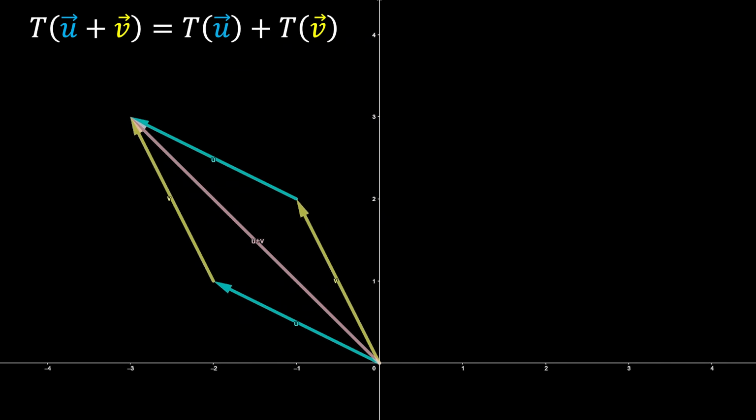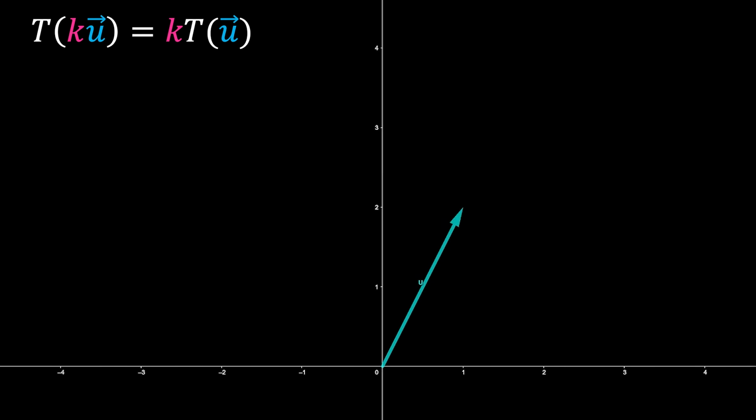And given that's our definition of rotation, it means that when you rotate this around, you get the same picture. That is, you can either rotate the vectors and then add them, or you can add them first and then rotate them. It's the same picture either way, and so indeed we get that first linearity property. Similarly, you can stretch a vector and then rotate, or you can rotate and then stretch. So yes, rotations are linear, and yes, we can use matrices to describe them.